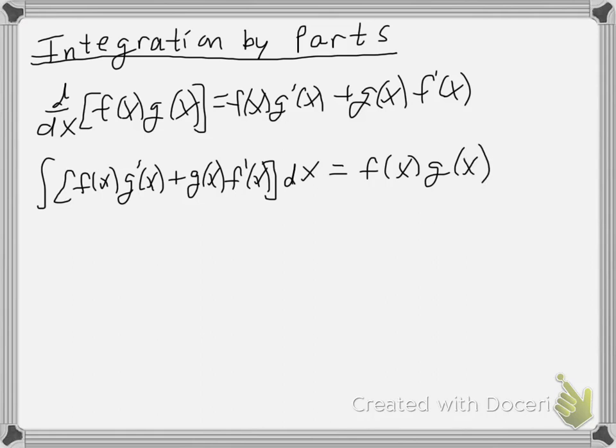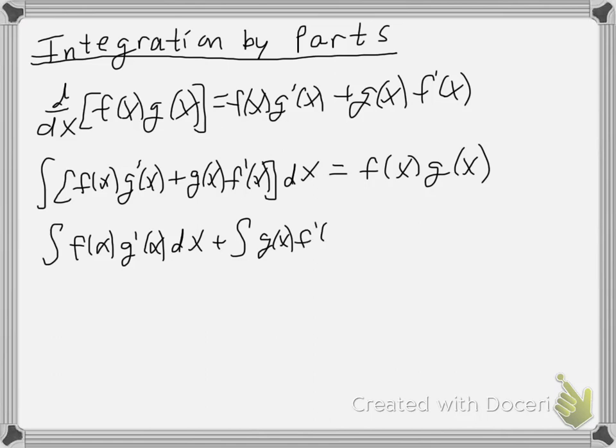Or what we can simply say is that the integral of f of x times g prime of x dx plus the integral of g of x times f prime of x dx is equal to the product of f of x and g of x.